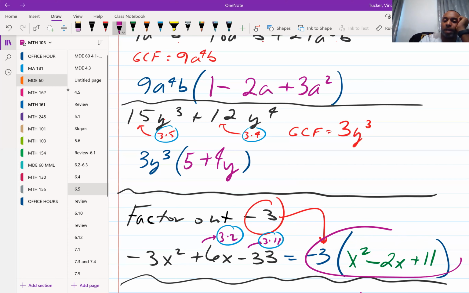Once again, when I multiply this back out, it should give me what I originally had, or it's not the correct factorization. All right, questions, any questions?